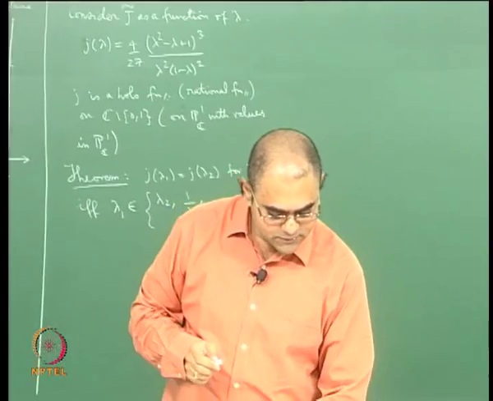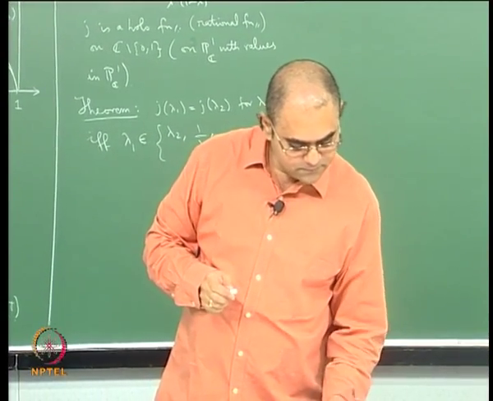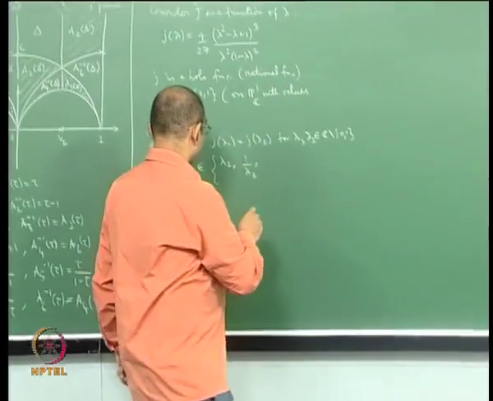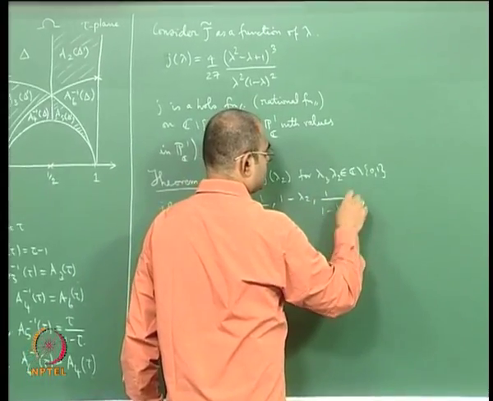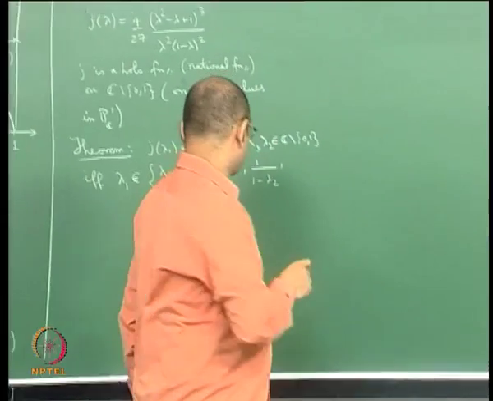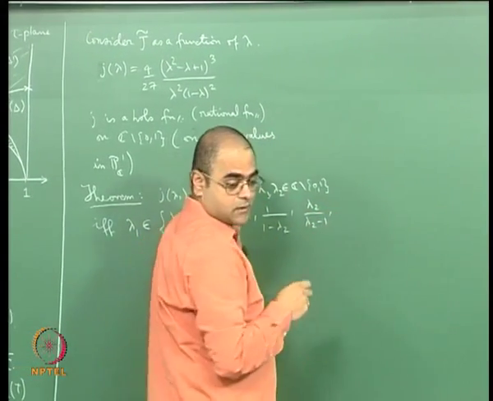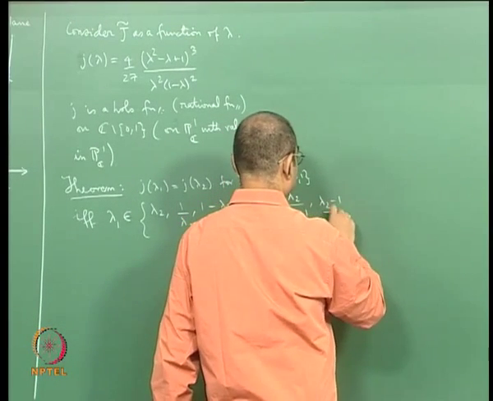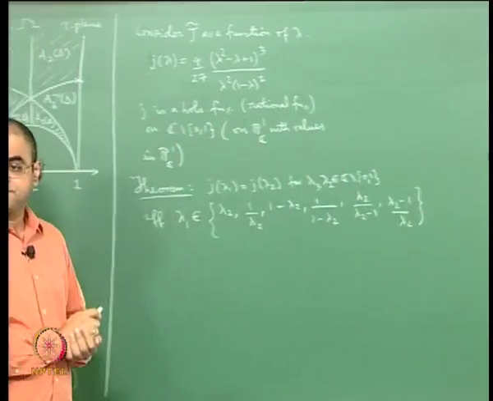So let me write out the set of things they have: 1 minus lambda 2, 1 by 1 minus lambda 2, lambda 2 by lambda 2 minus 1, lambda 2 minus 1 by lambda 2. So this is the theorem, okay.